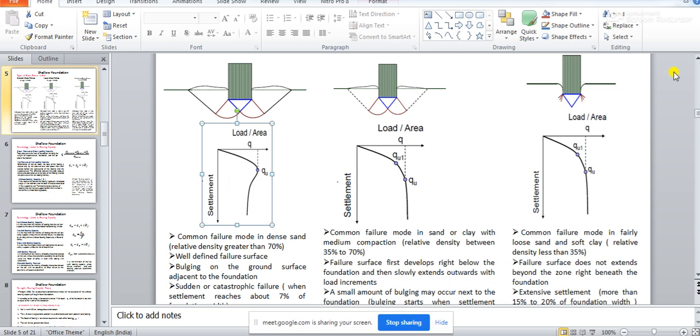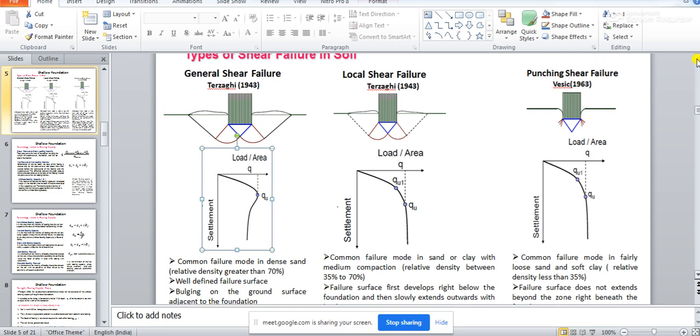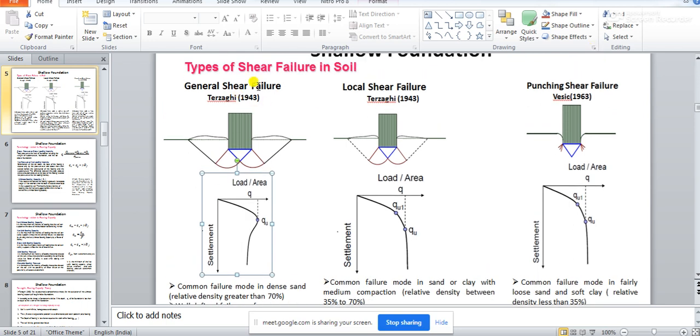Now if you go back to the first type of shear failure, the general shear failure, this is very important to understand. In 1943, Terzaghi found out this thing using some experimentation.